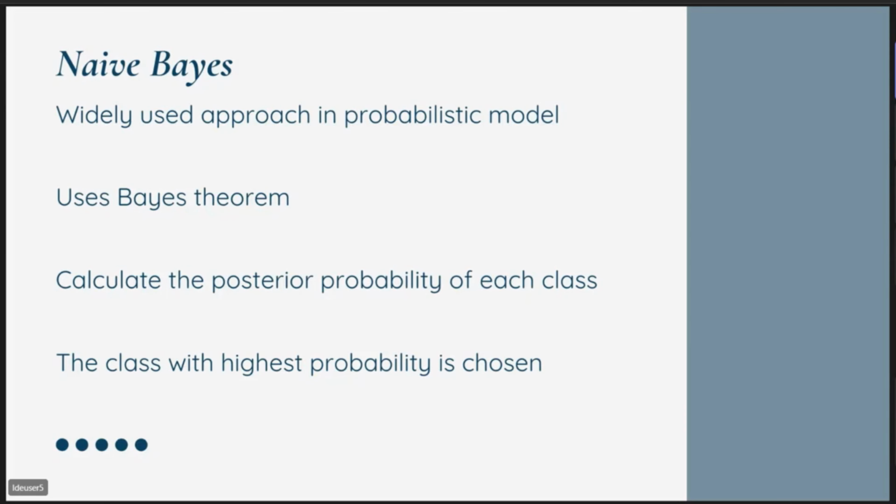So here you calculate the posterior probability of each class, and the class with the highest probability is chosen, right? So in a random coin toss, what is the probability of getting a head? What is the probability of getting a tails, right? Whichever is getting the higher value, that is the resultant class that you're going to get. Okay, so this is with respect to a classification problem that they've mentioned.